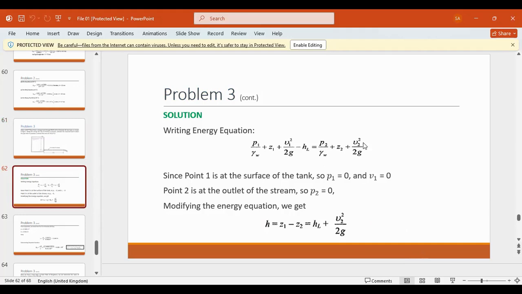Now let's modify the equation according to these values and see what we have.